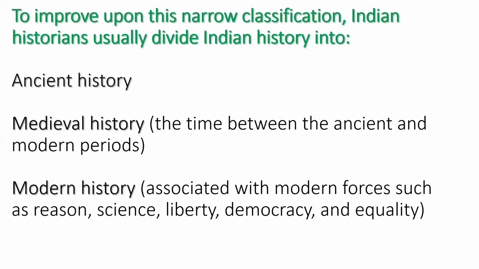It is the time period between the ancient and the modern period. As I have just told you, medieval history is related to the Muslim period, the Islamic dominance of dynasties like the Mughal Empire all over our country, India.